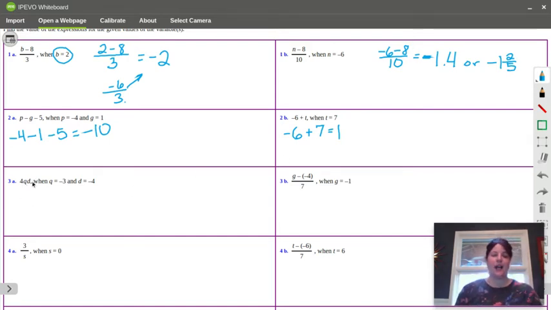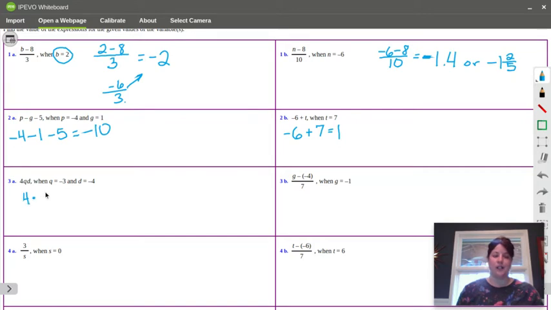Okay. How about 4QD? So we talked about having a letter right next to a number, and that's multiplication. So this is the same as saying 4 times Q times D, when Q equals -3 and D equals -4. I'm going to use little dots now because once you start using letters, using little X for multiplication gets confusing. So we'll use little dots for multiplication.